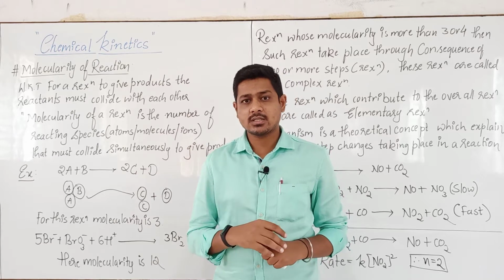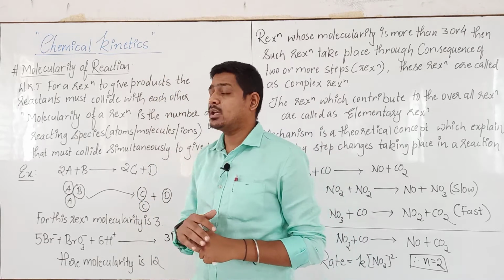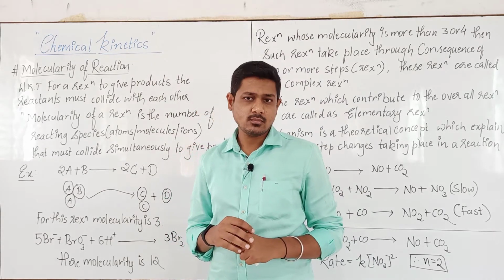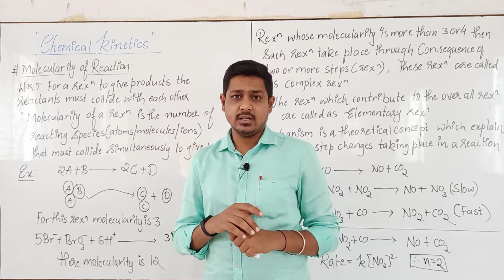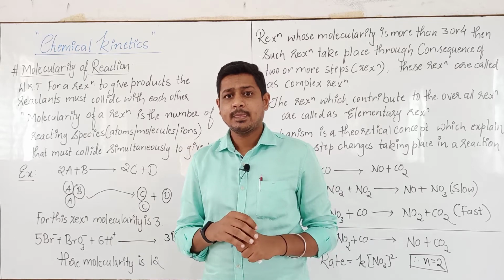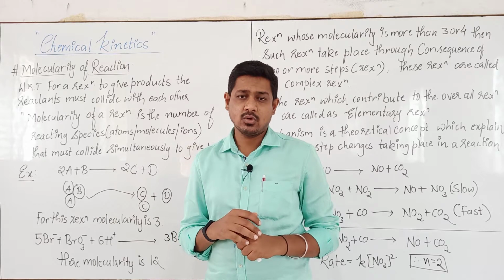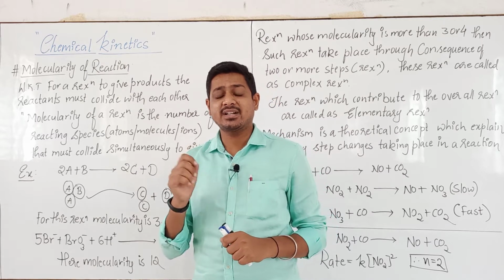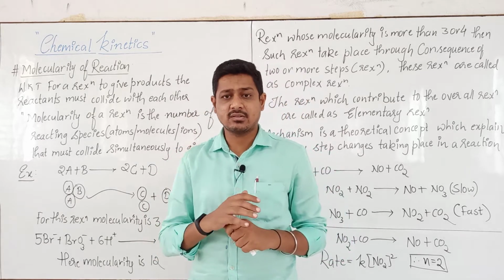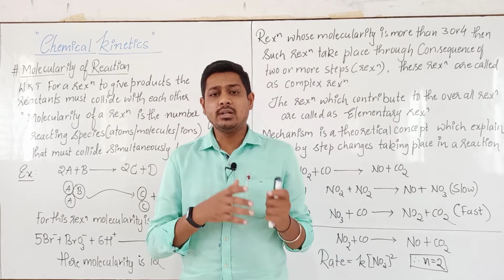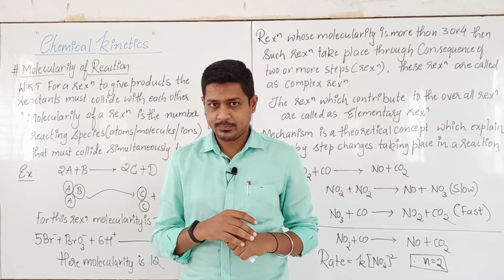In today's class we shall study another concept called molecularity of the reaction. In the previous year, in the states of matter chapter, we studied the collision theory. In collision theory you studied that whether in the liquid state or in the gaseous state, the molecules, atoms or ions are always in random motion.